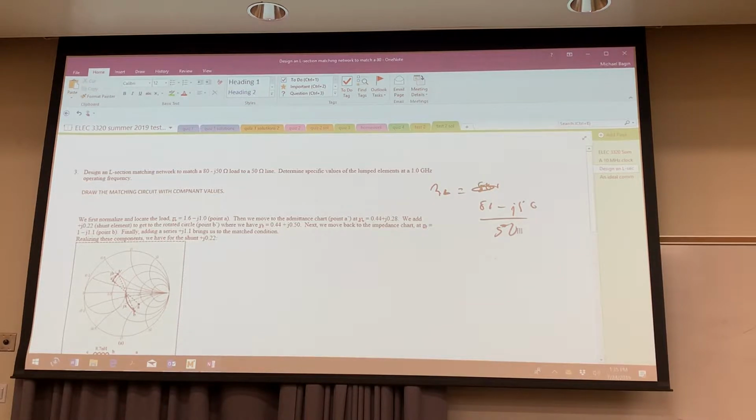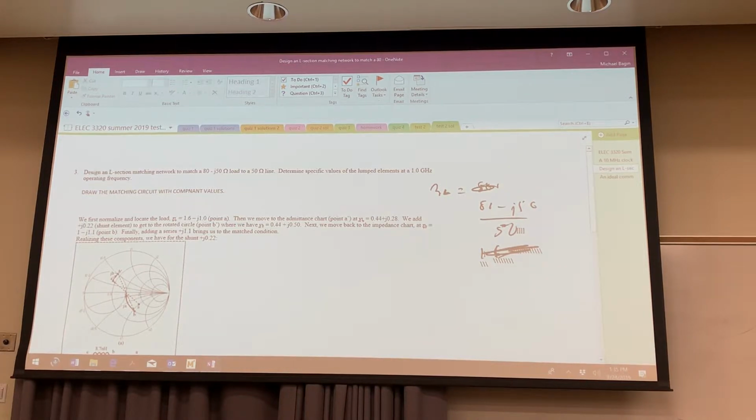So that's 1.6 minus j1. So anyway, that's going to be inside the rotated one circle. So that means no matter what I add to that, I can never get to the rotated 1 circle.